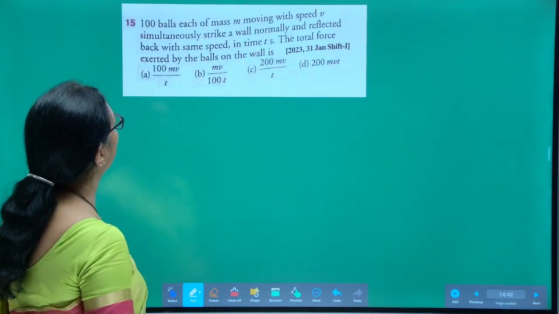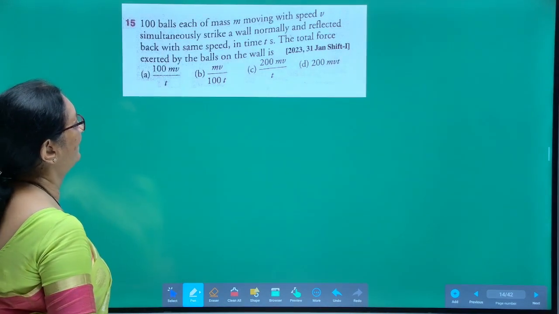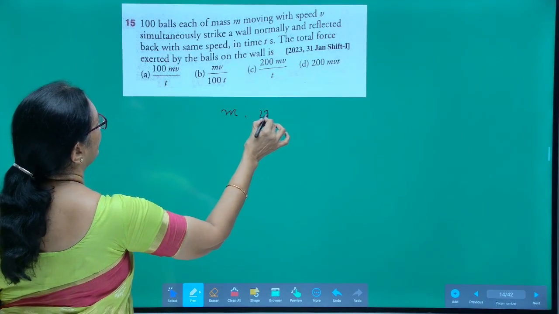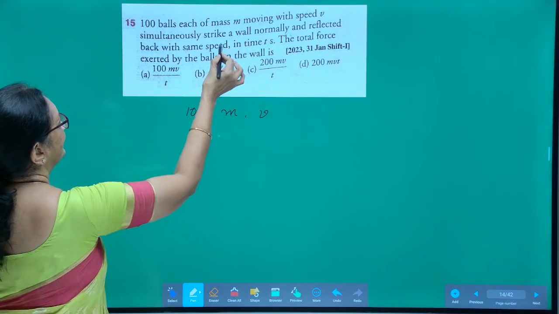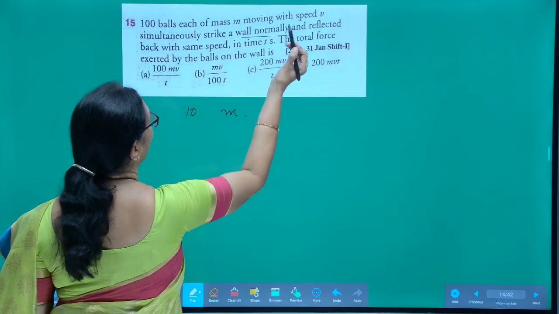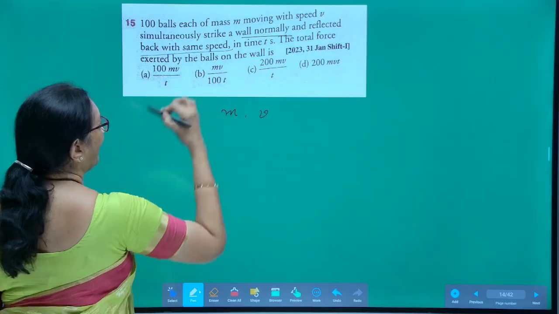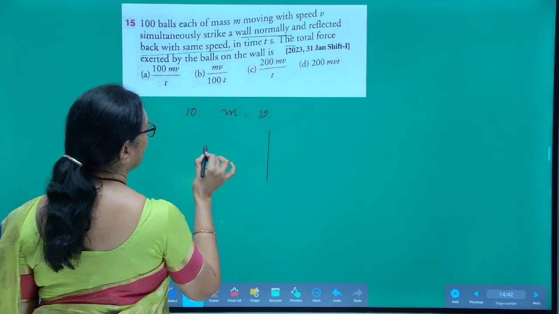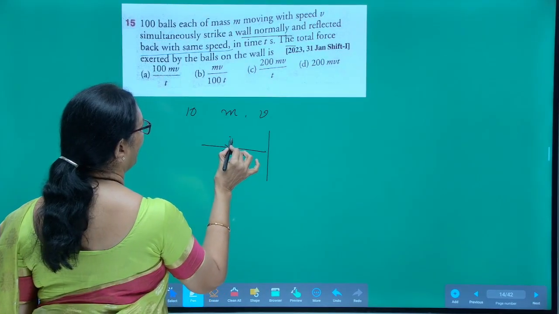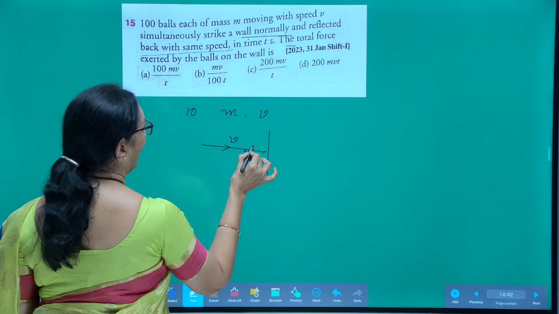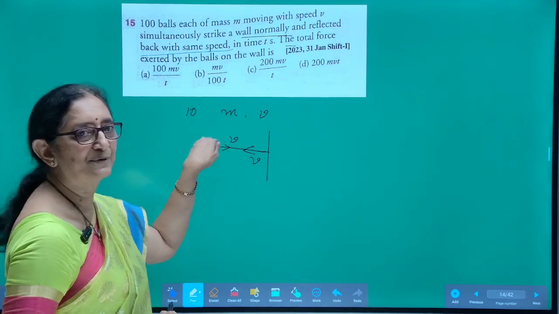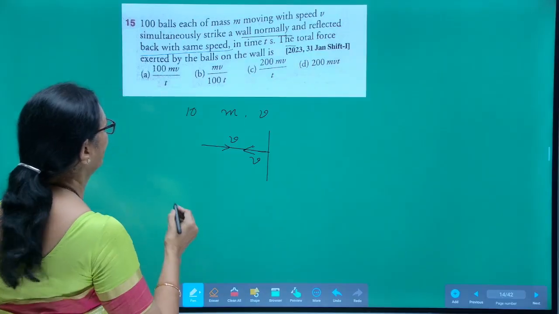Balls each of mass m moving with a speed v simultaneously strike a wall normally and are reflected back with the same speed. Total force exerted. See here, they strike the wall with a velocity and they are reflected with the same speed in the opposite direction.